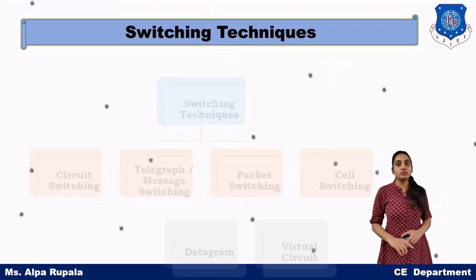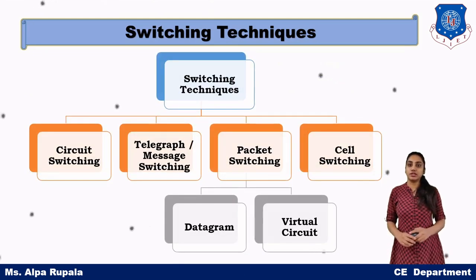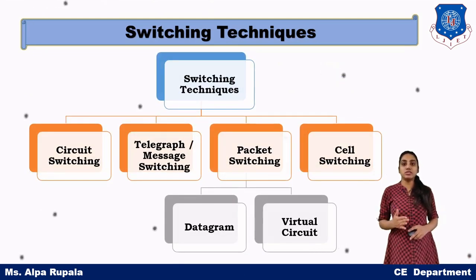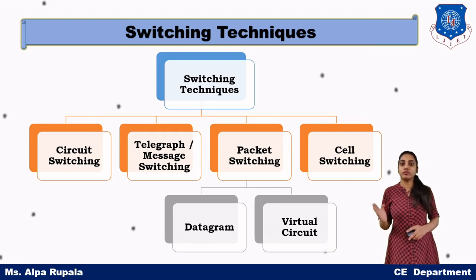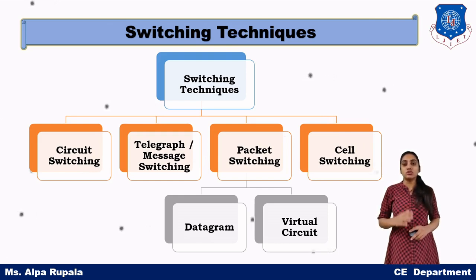So first of all, what is a switching technique? Switching means we are directing our data from one point to another while the data is being transmitted from sender to receiver. There can be multiple routes by which your data is transmitted.